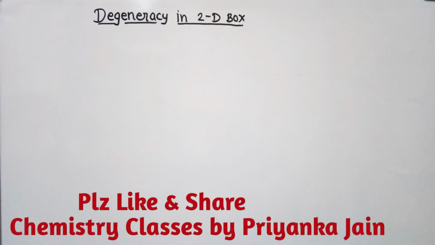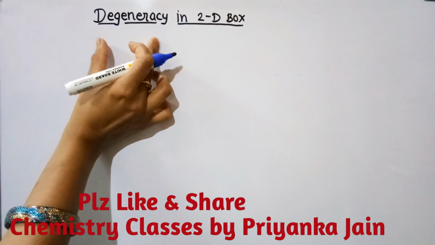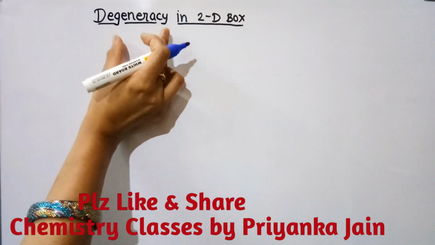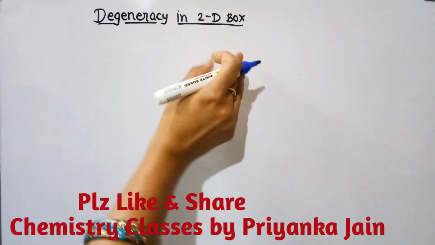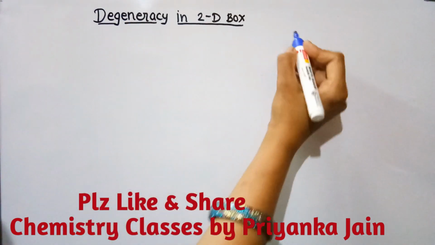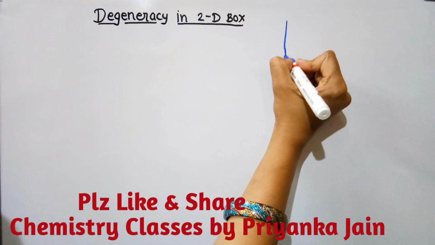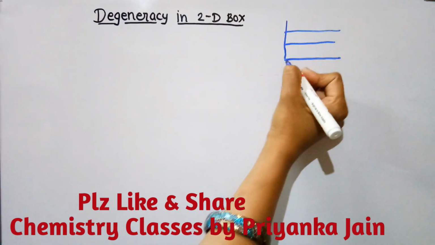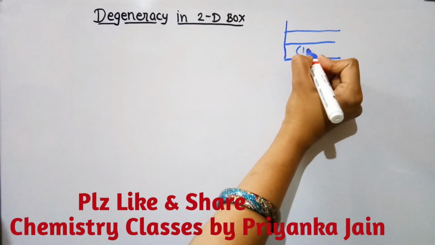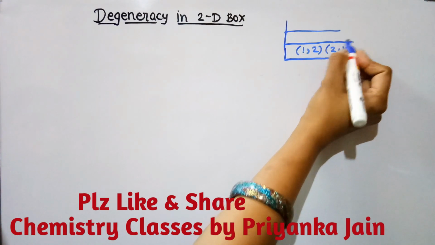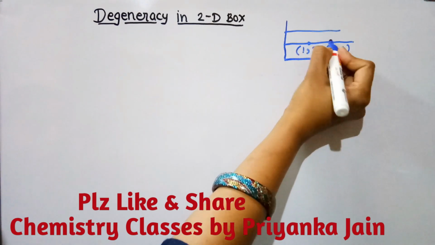Let's see the degeneracy in the 2D case. What is meant by degeneracy? Firstly know this: degeneracy means when two states have the same energy, then they will occupy the same level. Suppose these are the energy levels, and this is one level, this is another level, and two states, 1 2 and 2 1, both have the same energy, then they will occupy this level.